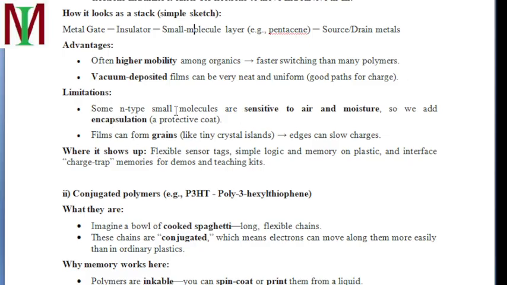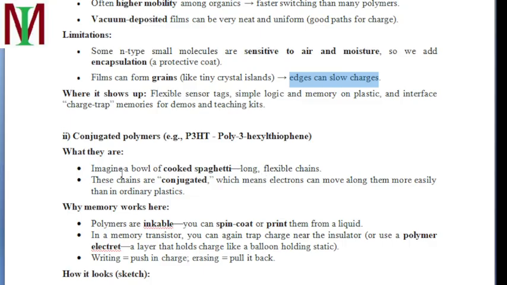Limitations: some n-type small molecules are sensitive to air and moisture, so we have to add a protective coat. Extra work is there. Films can form grains like tiny crystal islands, so small gaps can be created. The edges can slow down the movement of charge.